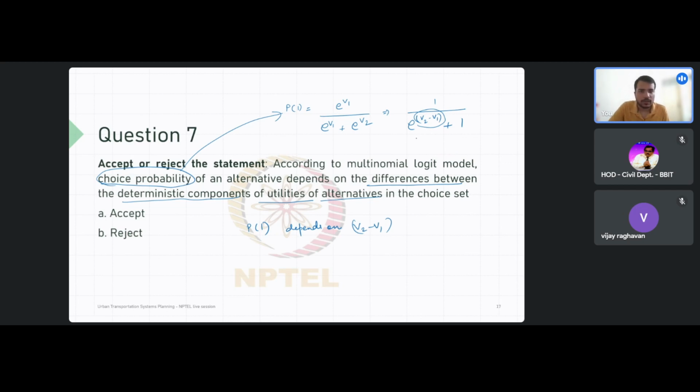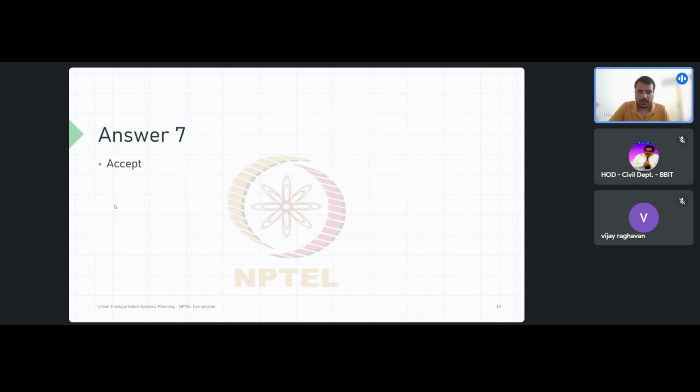So it is accept. So we can choose option A. So option A, accept, is the correct answer because the choice probability in a multinomial logit model will depend on the difference between the utility functions, which is the true utility, analyst utility function, deterministic part.